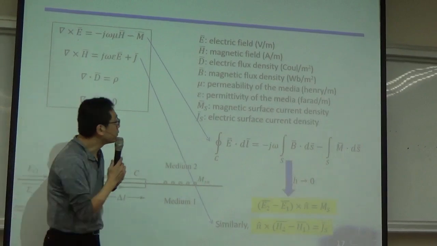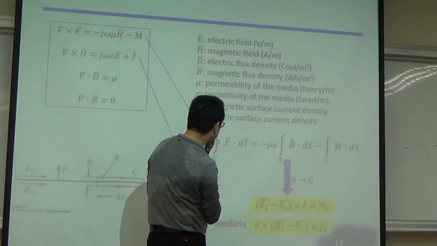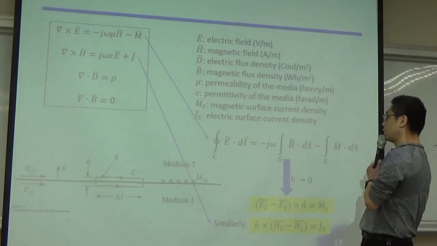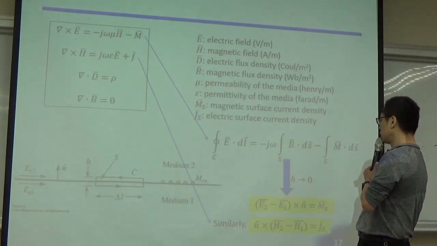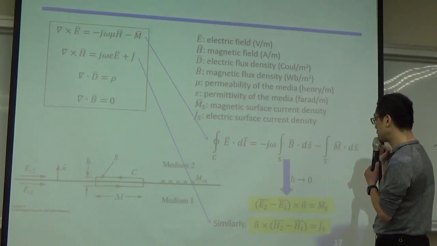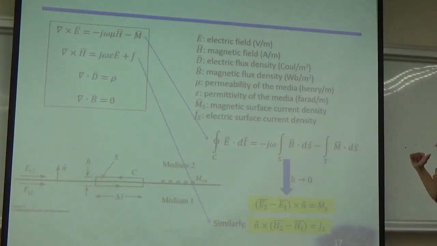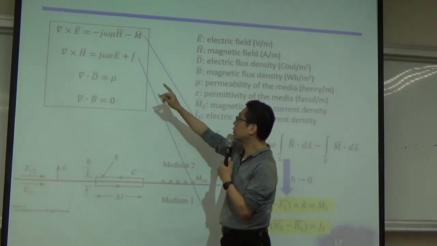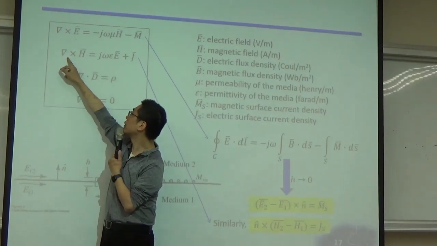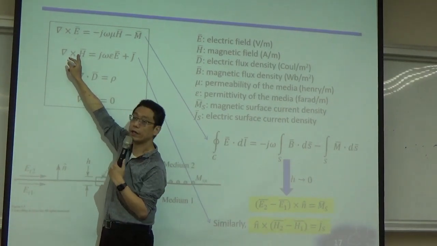Okay, and because of E2 cross N equals to Ms. I think it is the definition of the curl. If it is a positive sign here, you put a curl. You put a curl edge here.